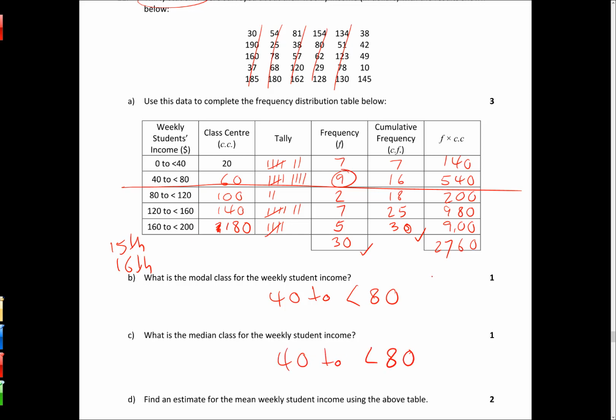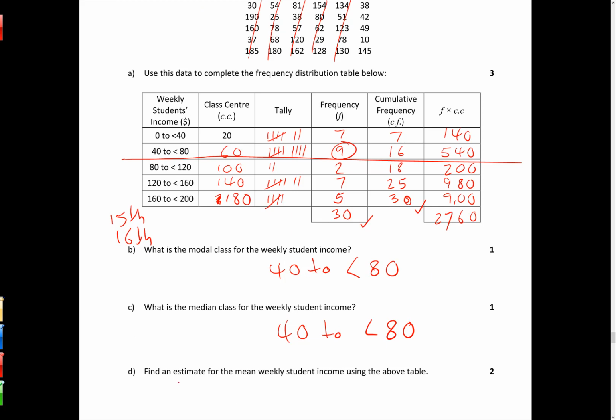And then find an estimate for the mean weekly student income. It says estimate. It means don't go back to the raw data. I could find the actual mean by using the raw data up here. It means use the table to find an estimate. The mean is, instead of the sum of the fx column, the only difference for this is the sum of f times the cc column over the number of scores, which is the sum of the f.